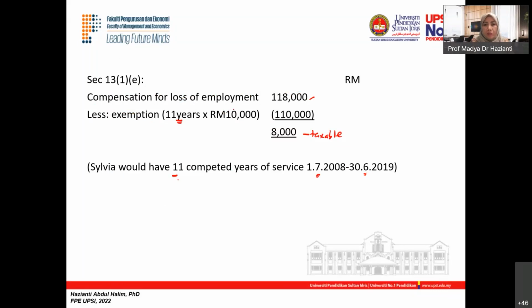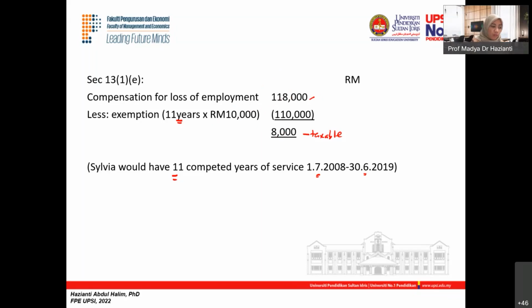So setahun 10,000 exemption, same company and 10,000. So amount taxable is only 8,000. So this is like a savings lah because you have exemption. Kerja dah lama, you dapat duit banyak, the government will not tax the whole amount. So exemption 10,000 per year. So nampak dapat 118 yang kena tax is only 8,000. Any question tak for 13(1)(e) ni?